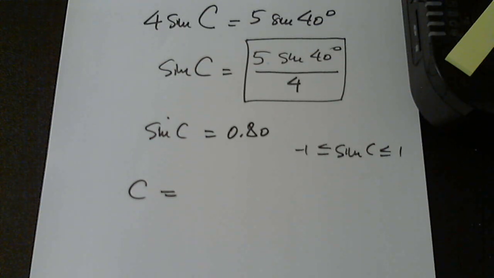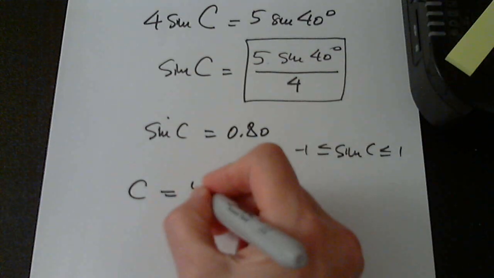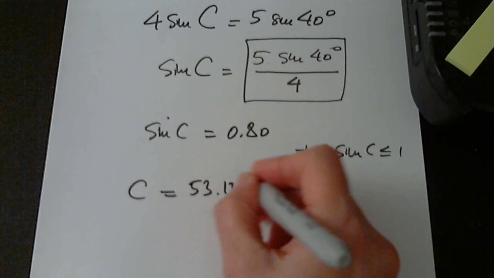Excellent. Very good. So we apply arc sine to 0.8. And the answer is in degrees. And that is 53.13. Okay. 53.13 degrees.